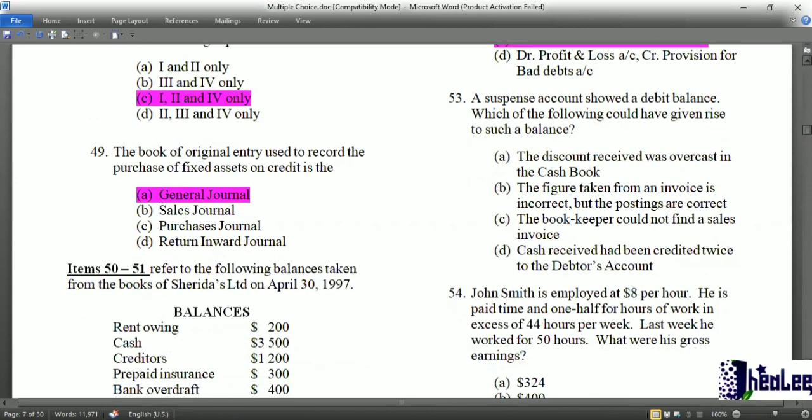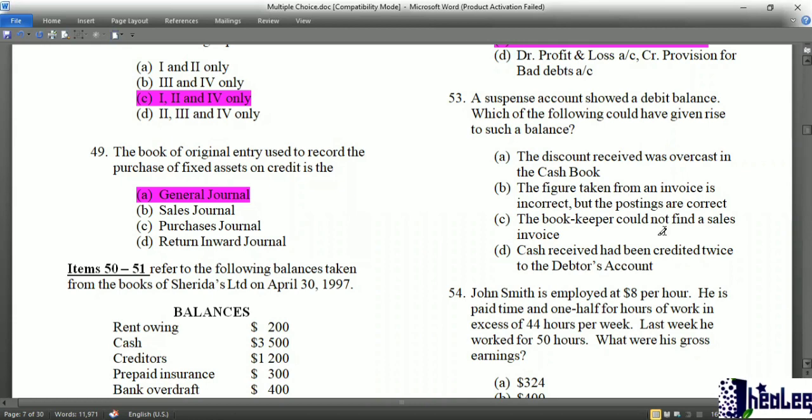Number 53, suspense account showed a debit balance. Which of the following could have given rise to such a balance? So it means that your suspense account is reflecting a debit, meaning that based on the books, your trial balance, your credit side would be more than your debit in order for you to have a debit balance in your suspense account.